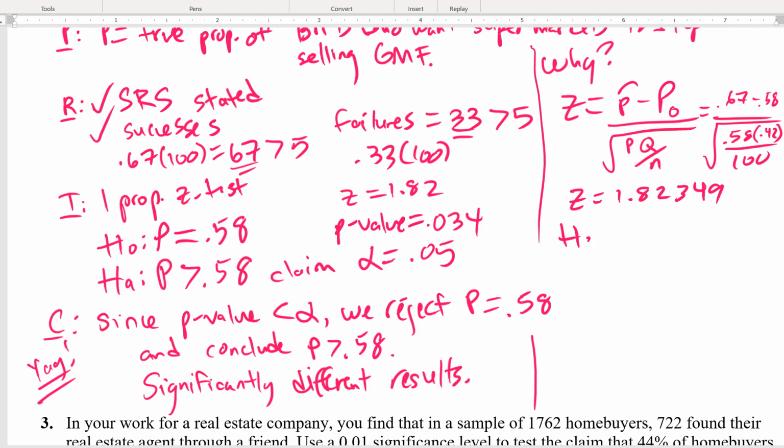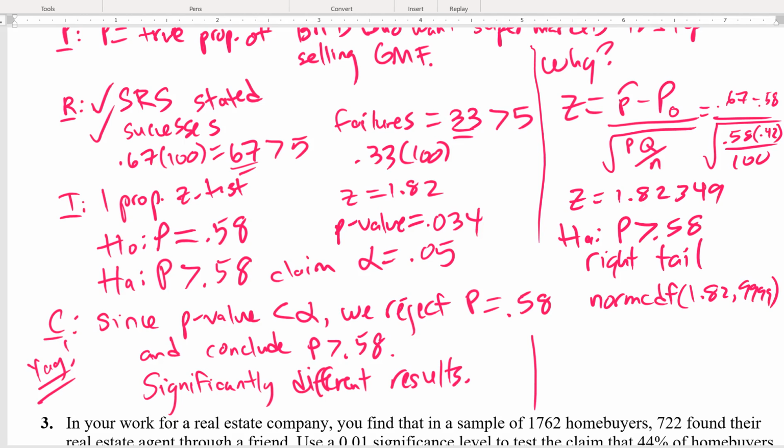Our alternative was that it was greater than. That makes this another right tail test, which means I'm going to do norm CDF to the right. So it was 1.82 to infinity.